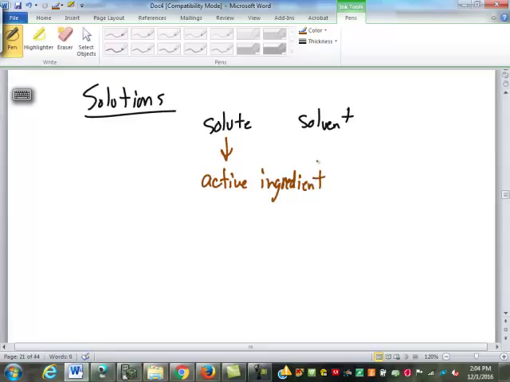Like a lot of medications are solutions. It's a powdered medication, usually dissolved into water, and the solvent is just water. For like a car motor, your coolant, your antifreeze, it's actually ethyl alcohol dissolved in water. So the alcohol is your solute and the water is your solvent.